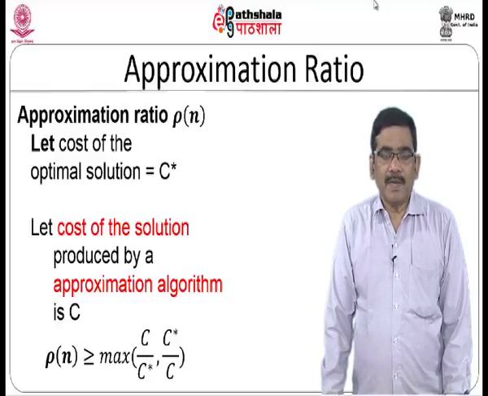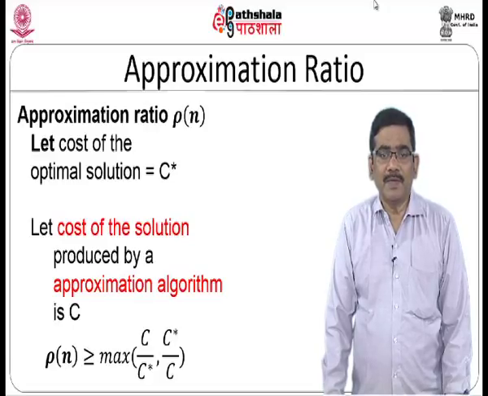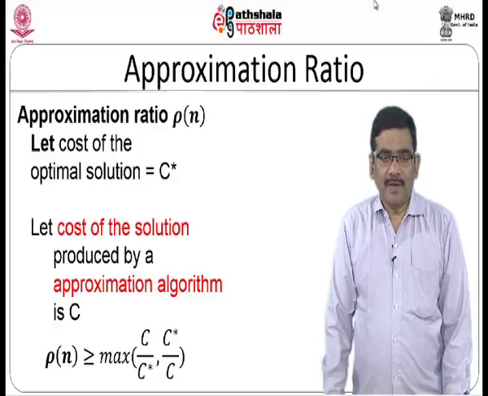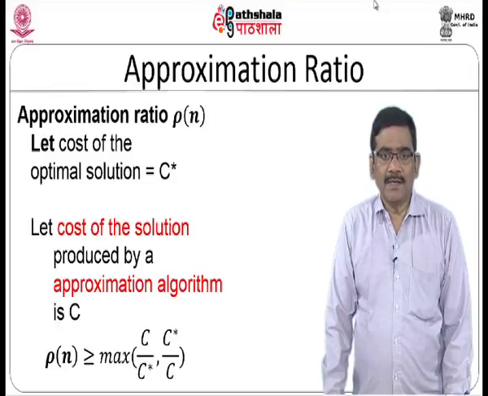The best measure is the difference between the original and the approximate solution. If that is a constant, then we can say the approximation algorithm is the best. But most of the time finding a constant difference is very difficult, so writing an approximation algorithm that achieves a constant difference is very difficult.